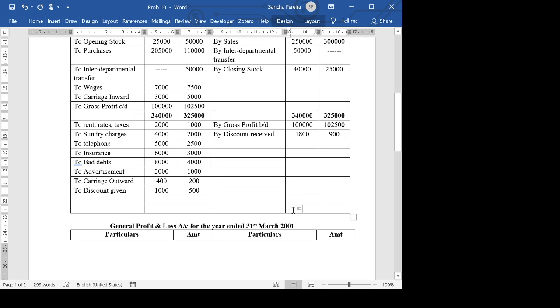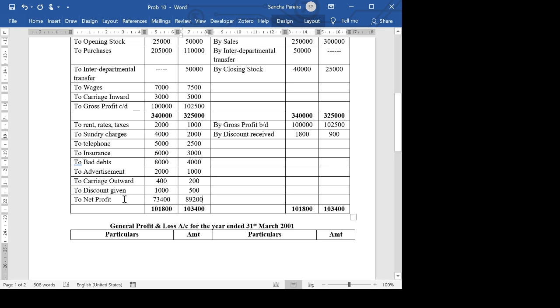So the total here will be 1 lakh 1,800, and here we have 1 lakh 3,400. So, to net profit of X, it is 73,400 and here it is 89,200.